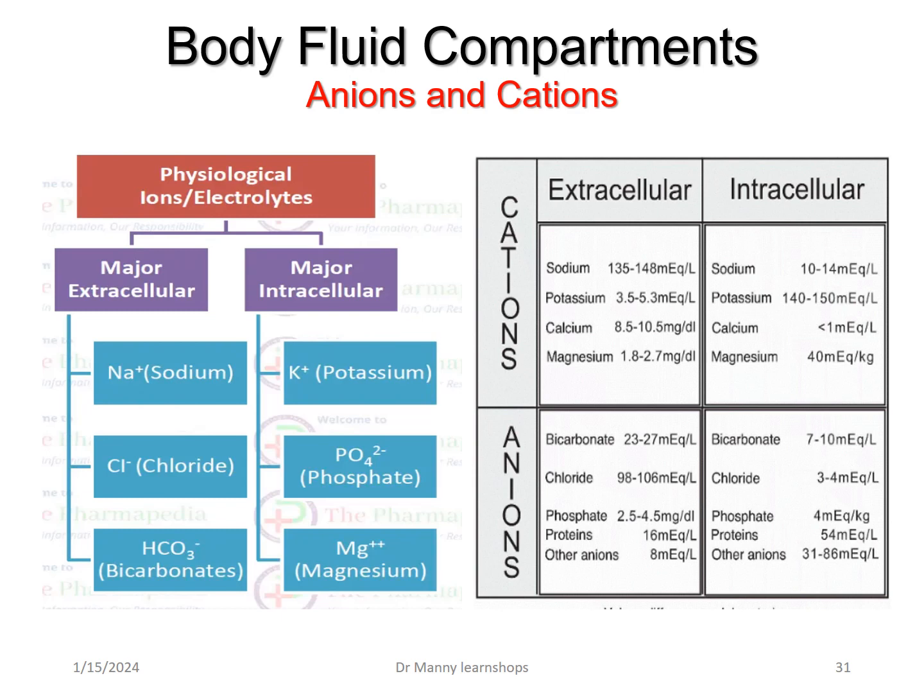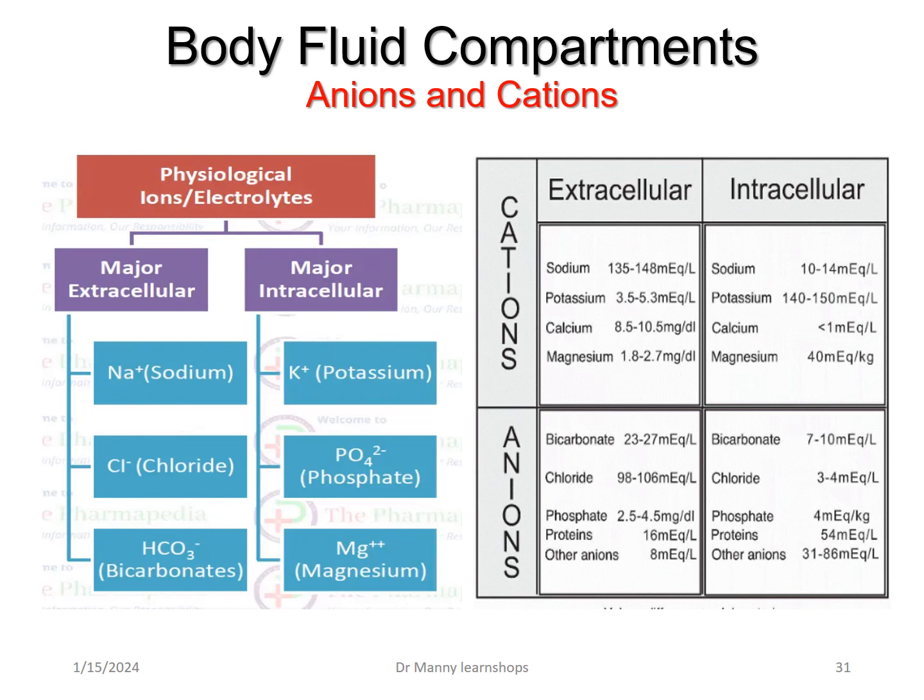Anions and cations vary in quantity depending on whether they are extracellular or intracellular. For example, extracellular sodium is 135 to 150 milliequivalents per litre. Intracellular, it's pretty small, only 10 to 14 milliequivalents per litre.